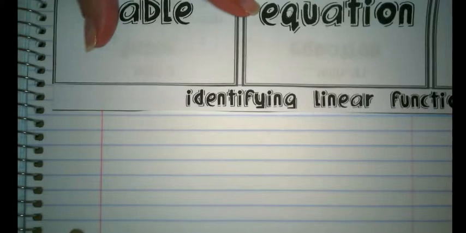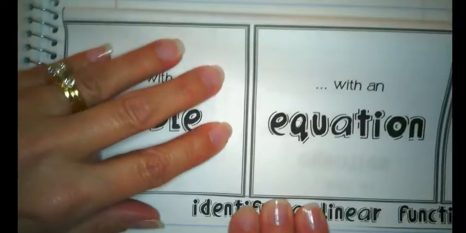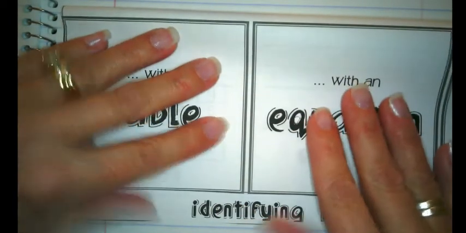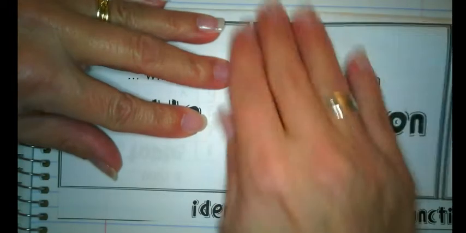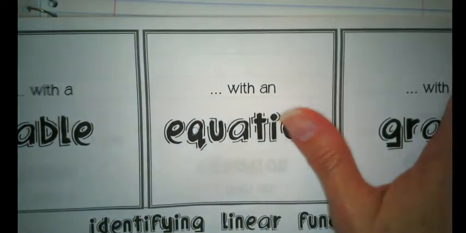What we're going to do on the foldable, the way we are folding this, let me pan out a little bit here, is if you look on this side, I'm going to fold this top down so that I can see the words identifying linear functions. Crease that there, like that.